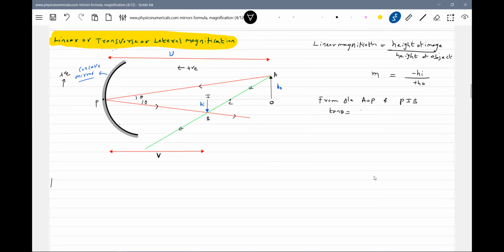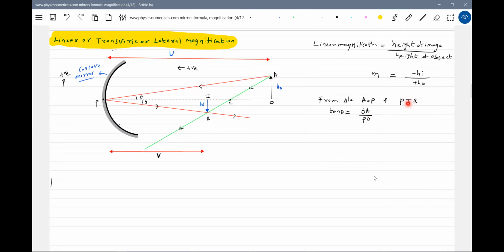Tan theta, looking at the triangle AOP, tan theta will be OA by PO. I am asking you to look at this triangle AOP. Tan theta is opposite by adjacent. What's adjacent? Adjacent is PO. Opposite is OA.